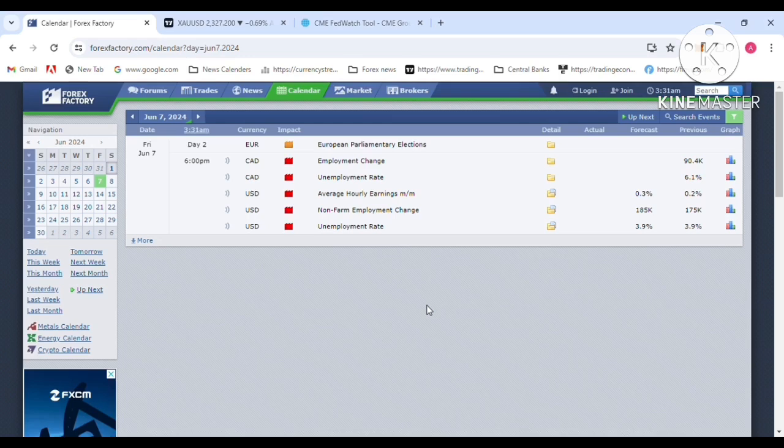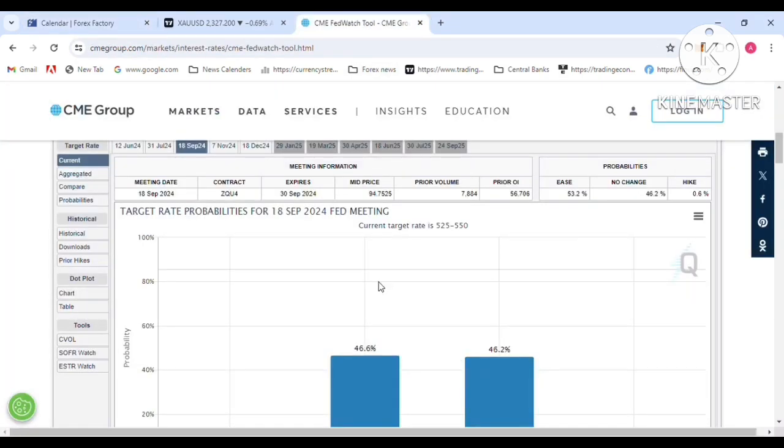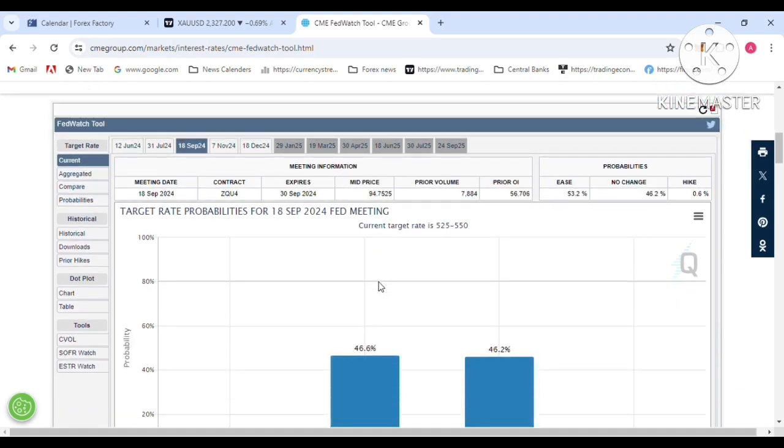Let's go to the Fed Watch Tool website, regarding the interest rate forecast. This is the September FOMC meeting forecast.